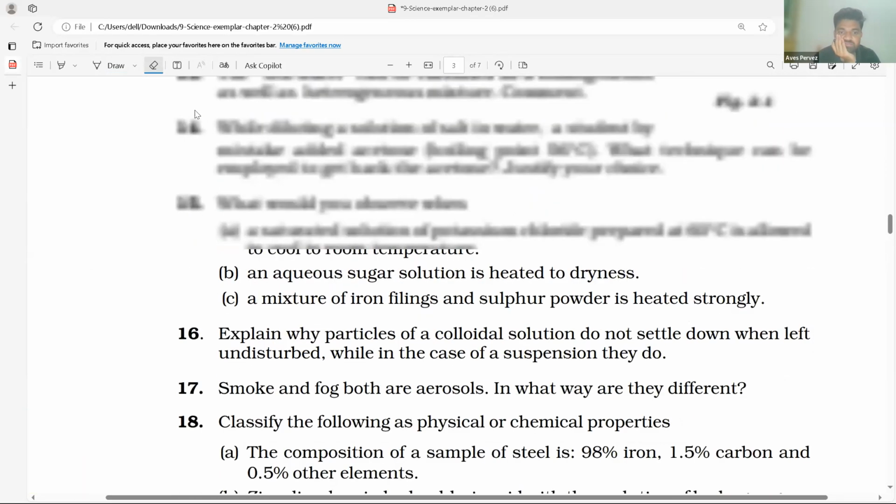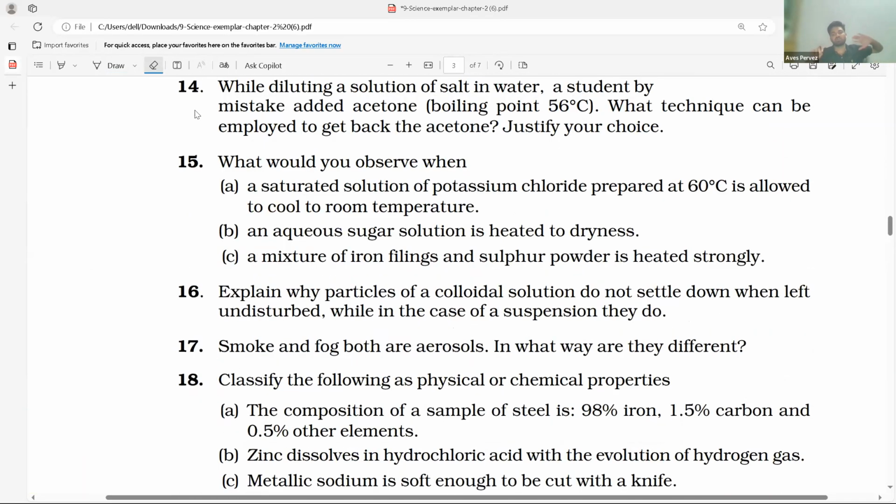Okay, here we have both smoke and fog are aerosol. What is the main difference between them? Both smoke and fog are aerosol. In what way they are different?